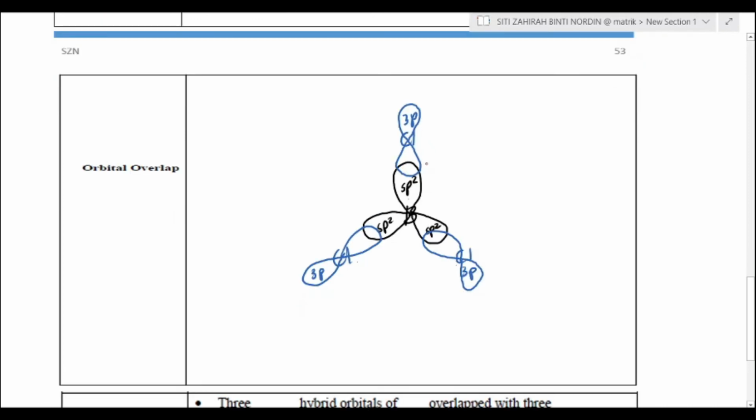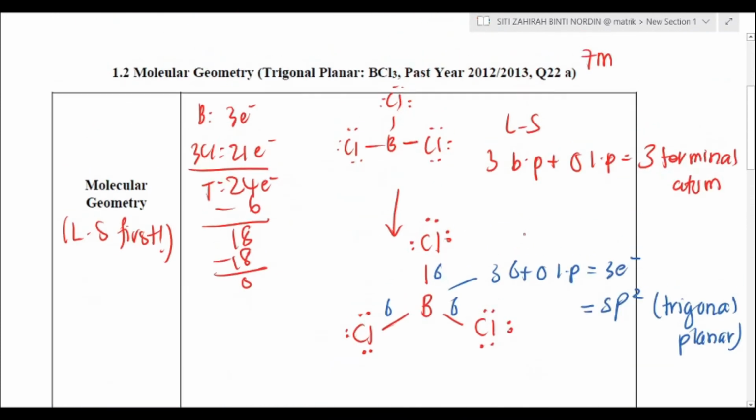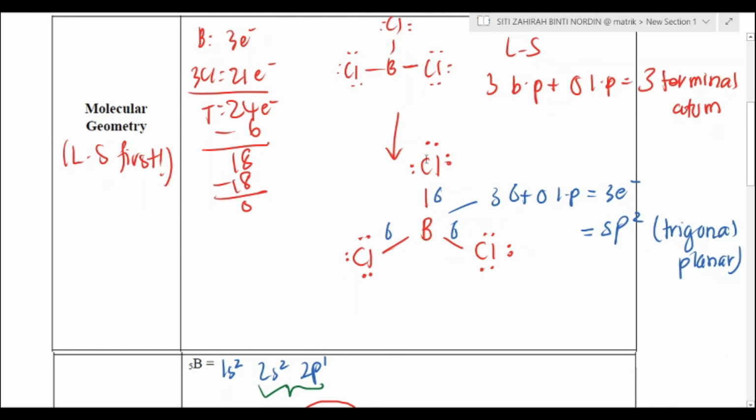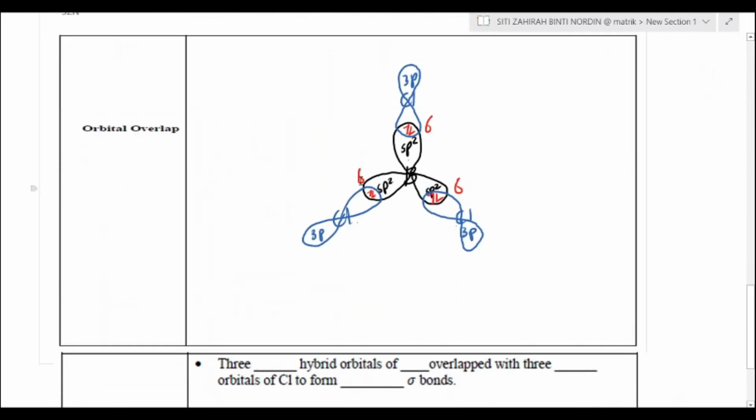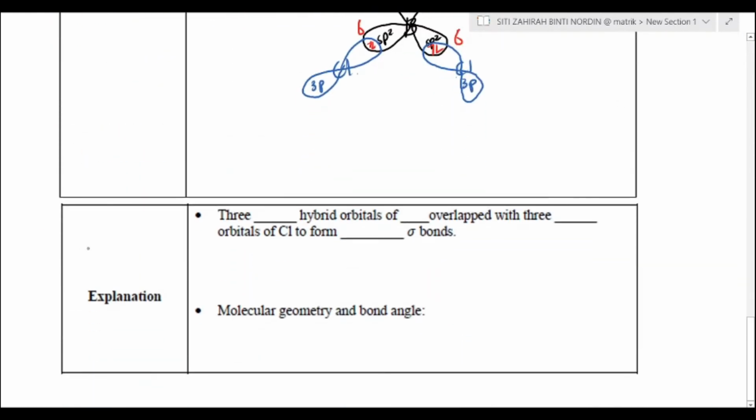Now label the orbital overlap with sigma and check it with your molecular geometry. For BCl3, yes, B is bonded to 3 Cl in a shape of trigonal planar, and we have 3 sigma bonds. For the explanation, you just have to explain how sigma or pi bonds, if they exist, form, and determine the molecular geometry and bond angle at last.